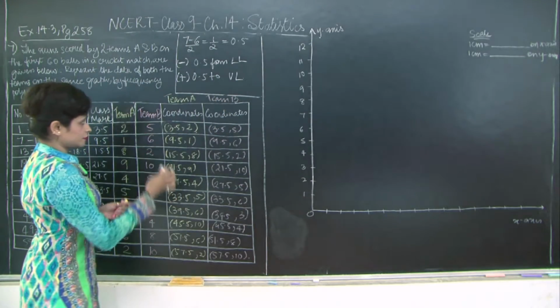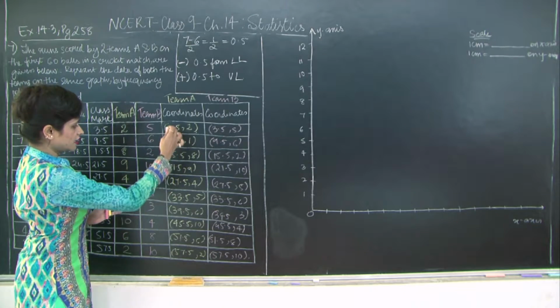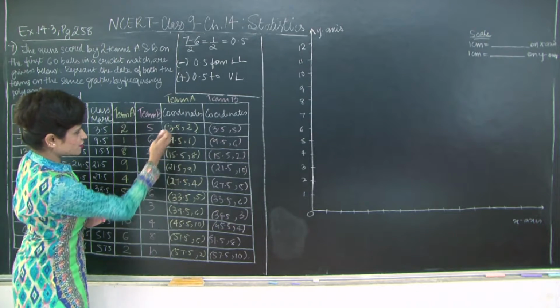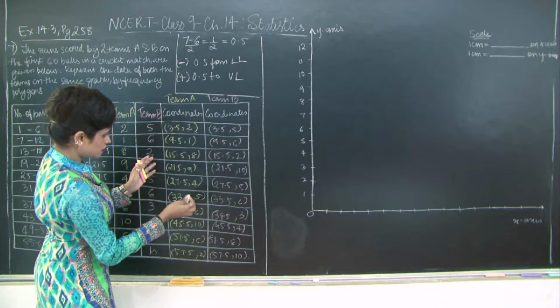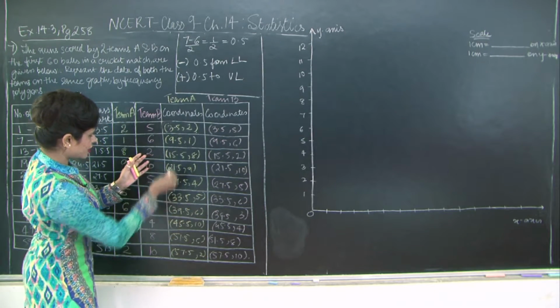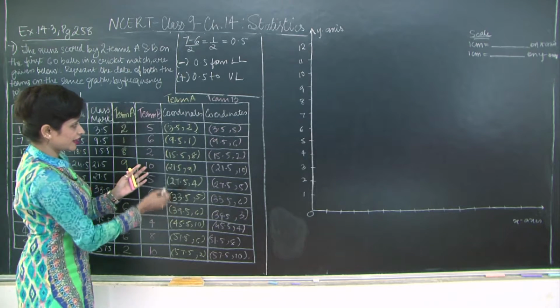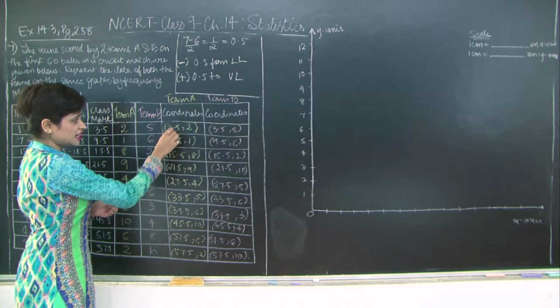And now if you see the x coordinates, we have the minimum as 3.5, and the consecutive ones are 9.5, 15.5. So they have a big difference.